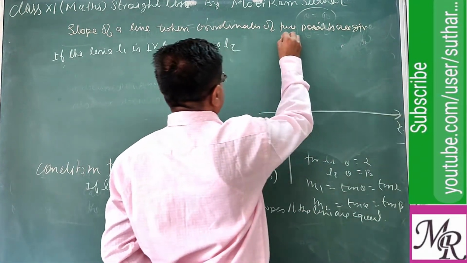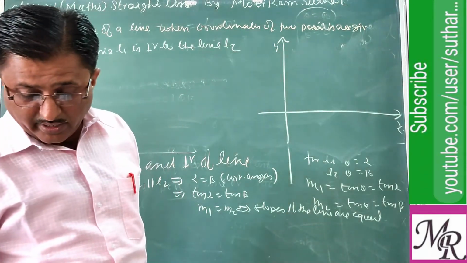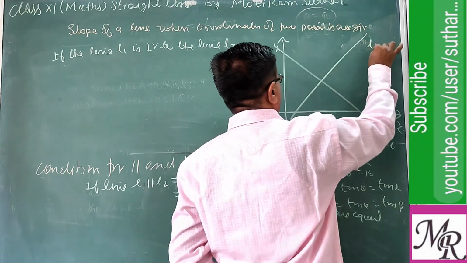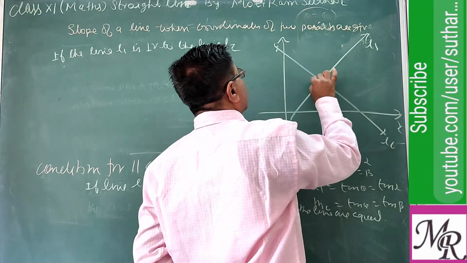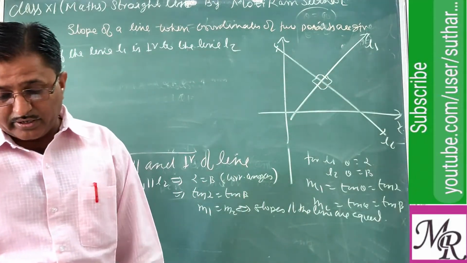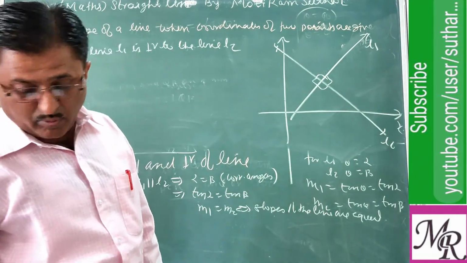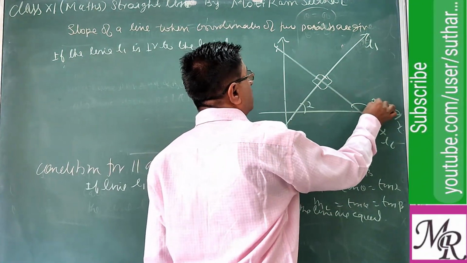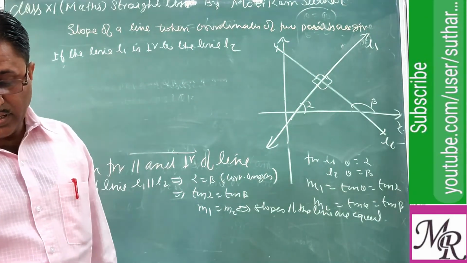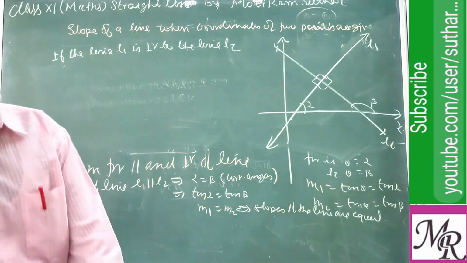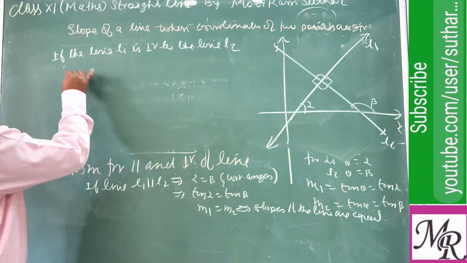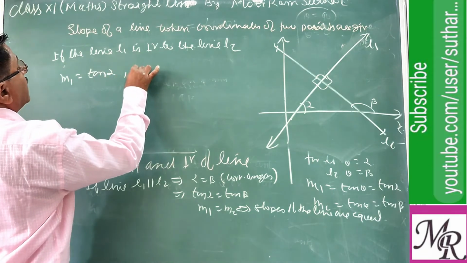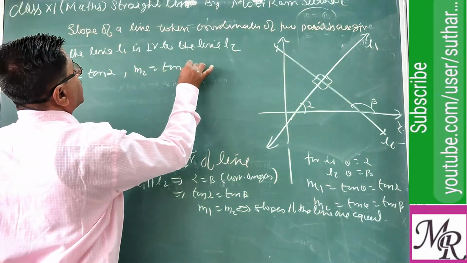This is the x-axis, this is the y-axis. This is L2, this is L1. Perpendicular means this angle is 90 degrees. Suppose L1 forms inclination alpha, L2 forms beta. Clear? So M1, the slope of the first line, is tan alpha, and M2, the slope of the second line, is tan beta.